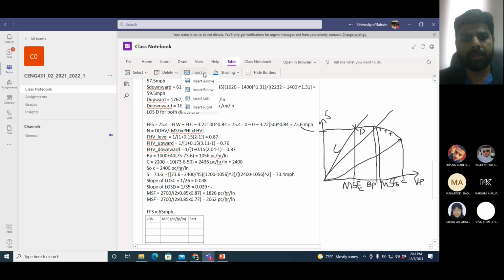Let me write the factors. And I need another row as well for the service volume, which will be in vehicles per hour.